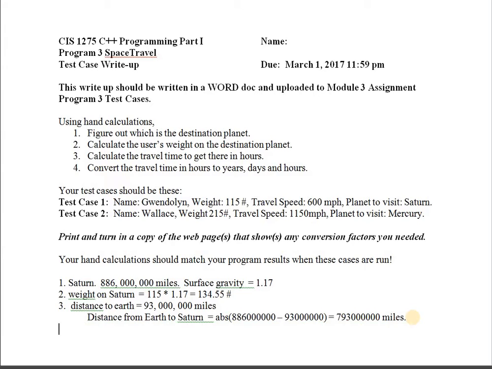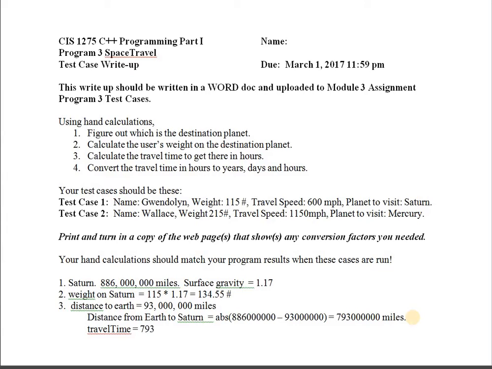The speed is 600 miles per hour. So the travel time is going to be equal to the distance traveled divided by the speed.